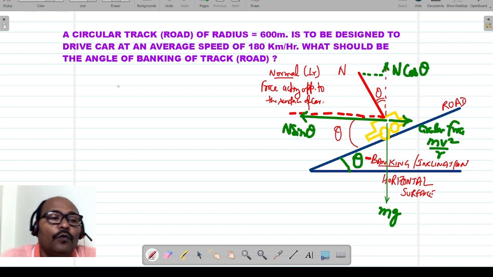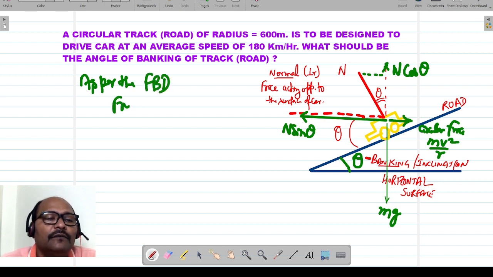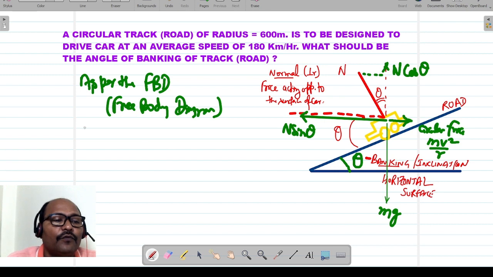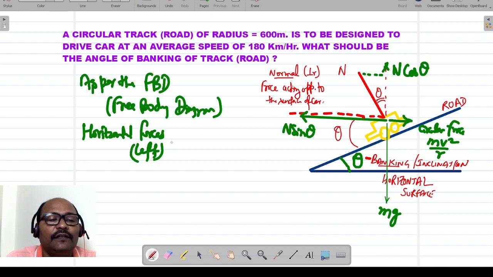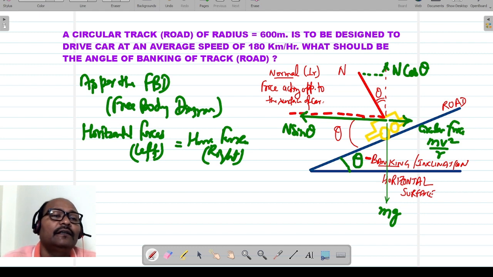So what we will see as per the FBD, FBD is free body diagram. As per the FBD, the horizontal forces in the left are equal to the horizontal forces in the right. What is the horizontal force in the right? Tell me, students.